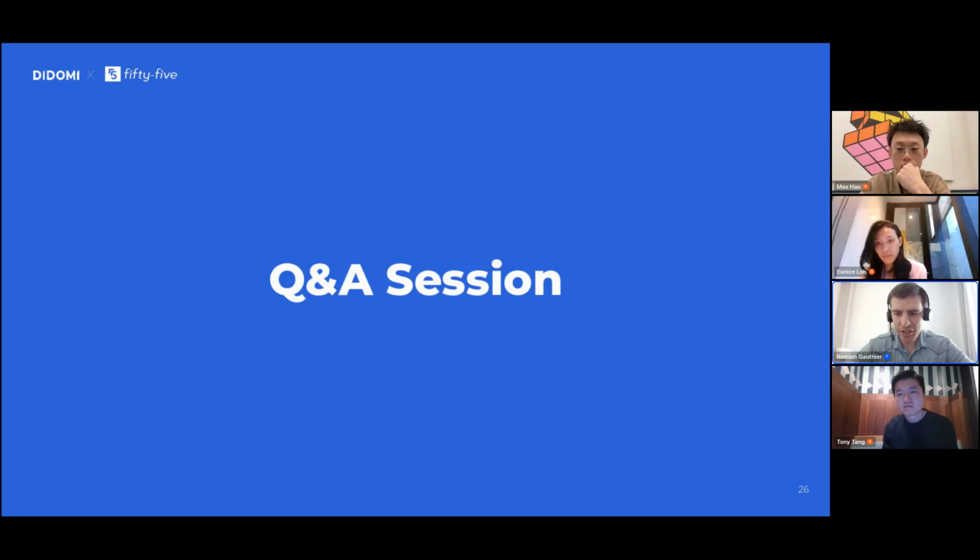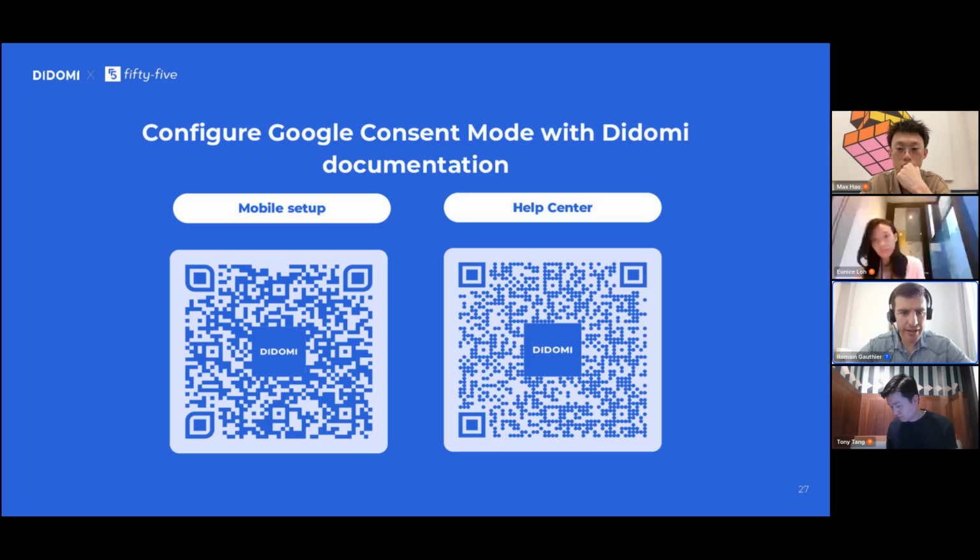And I'll share right away the documentation that you may want to look at. It's actually here. The help center documentation for Didomi will show you how it would look. But yes, you will be required to make some changes in your GTM configuration.